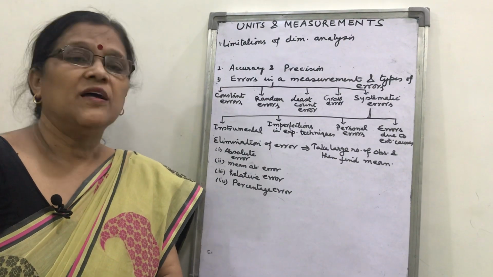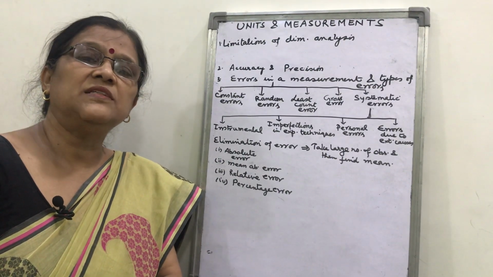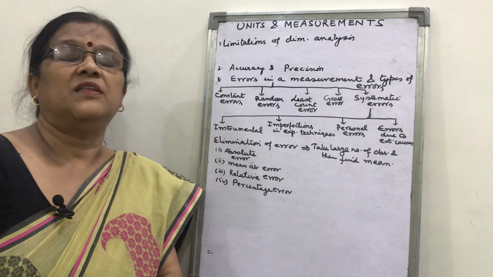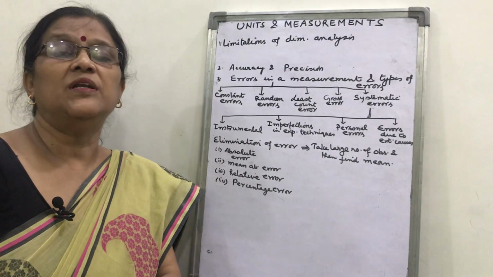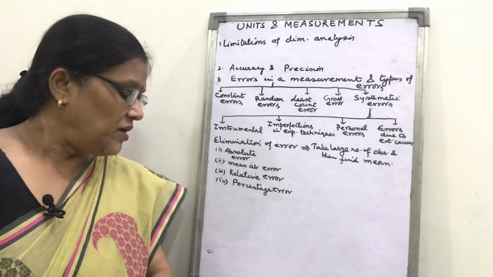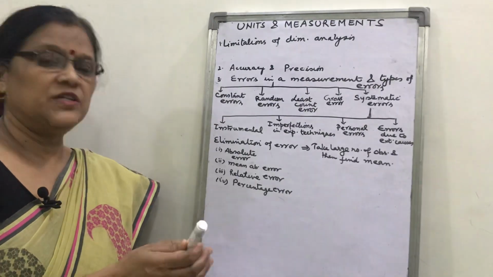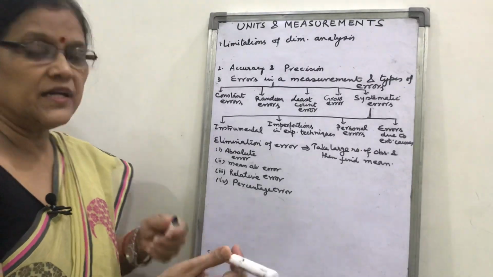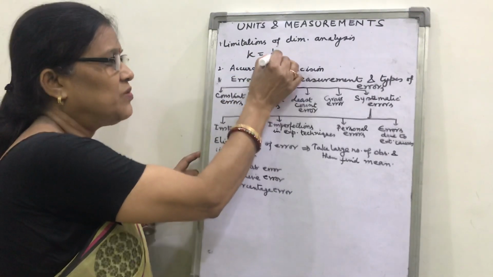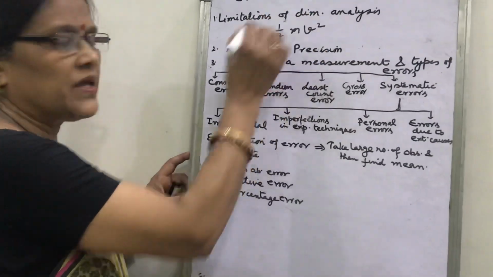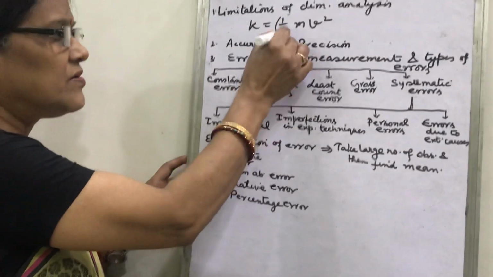You know that dimension analysis has three applications. Then what are the limitations? You have seen the equation for kinetic energy, K equal to half mv square.